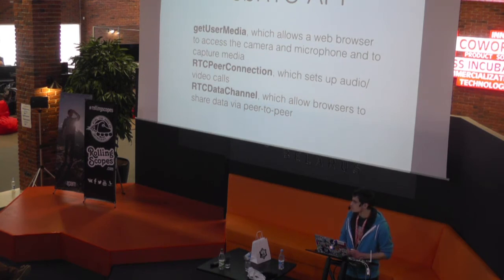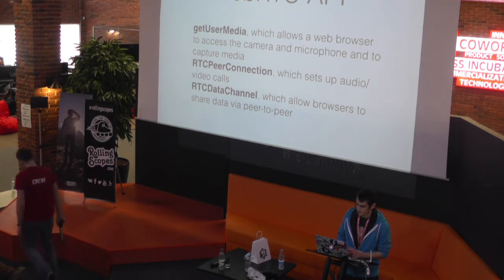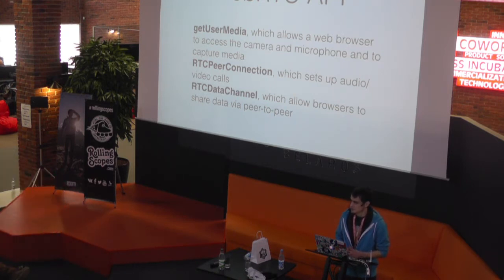Next, what you should know about is the WebRTC API. It consists of three main functions. The first is getUserMedia. After calling it, a small window will be prompted, as you have seen, and it means the user has to accept that, and after, the camera and microphone might be shared.